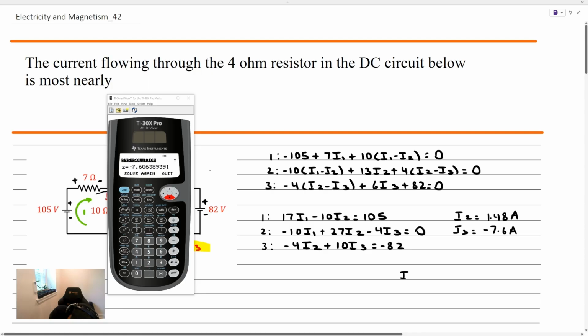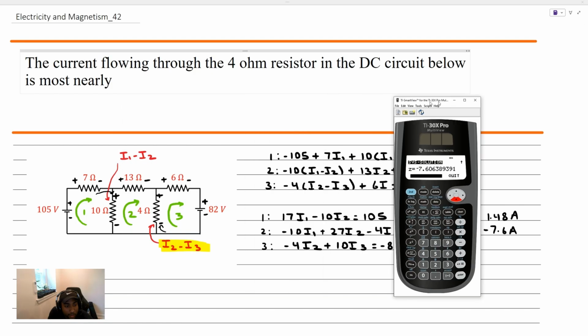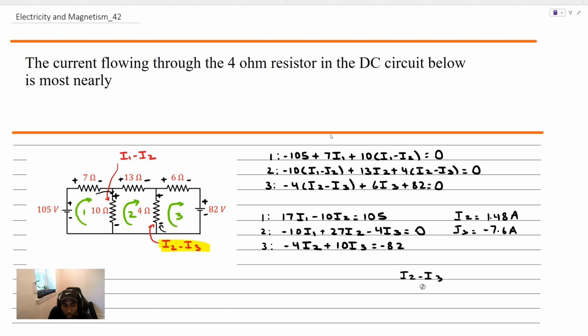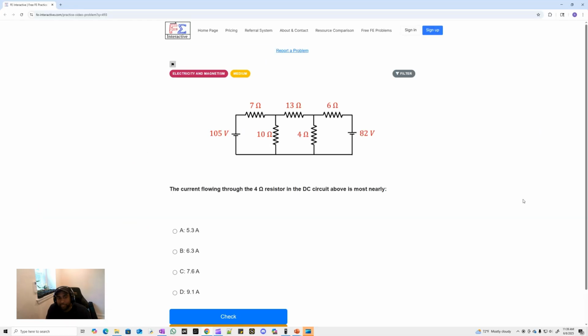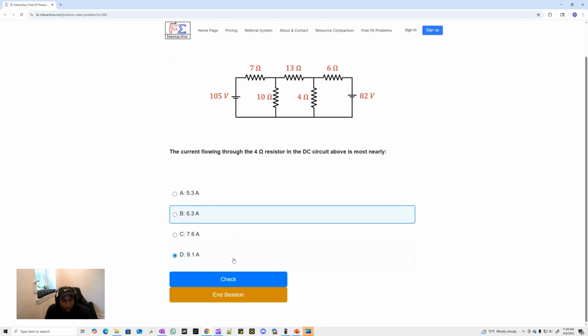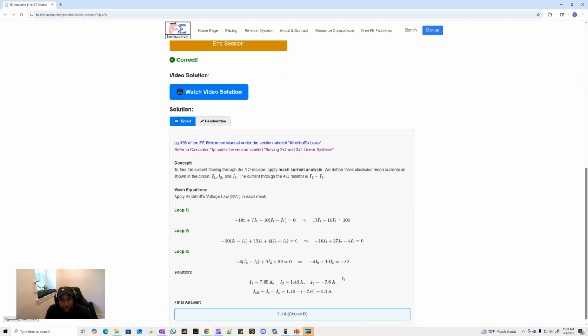And if we take the difference I2 minus I3, which is the current flowing through that branch of interest, the 4 ohm resistor, the difference is like 1.5 minus 7.6. And there's a negative sign, 1.5 minus a negative 7.6. That's equal to 9.1 amps. Let's go ahead and check that. 9.1 amps. We check it and we can view the explanation here.